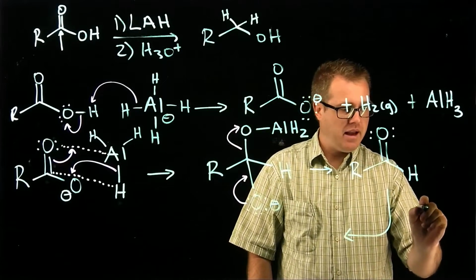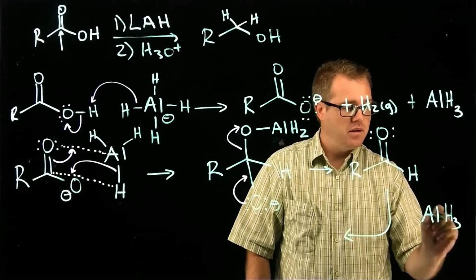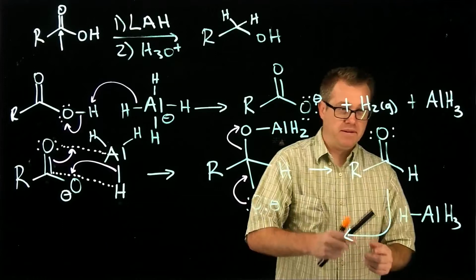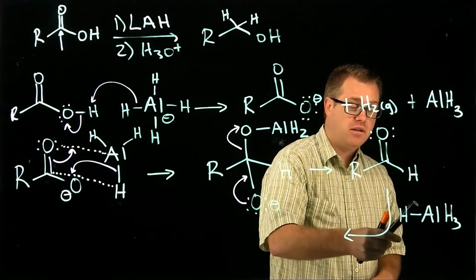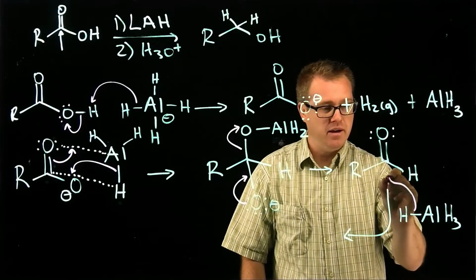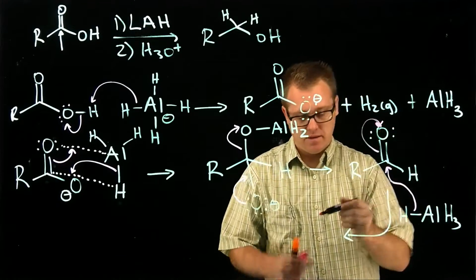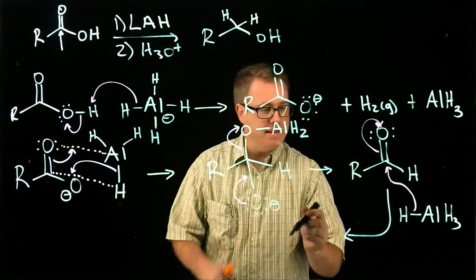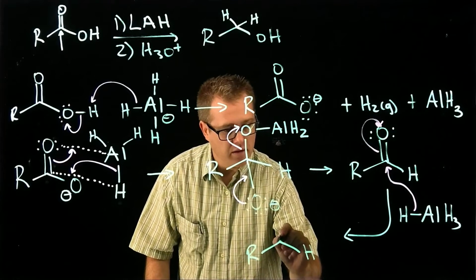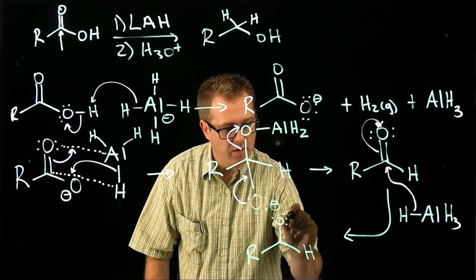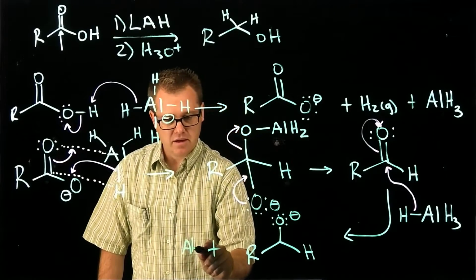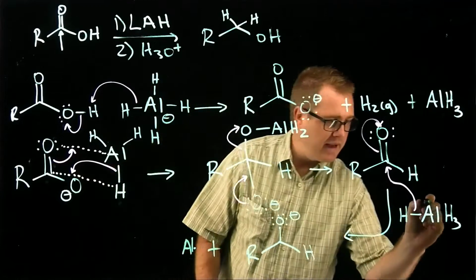So if we put in another lithium aluminum hydride, we have seen this reaction before, where you have an aldehyde or a ketone reacting with lithium aluminum hydride, which will do this. It will add that hydrogen. We have our negative charge there, plus our aluminum species, and that would be negatively charged.